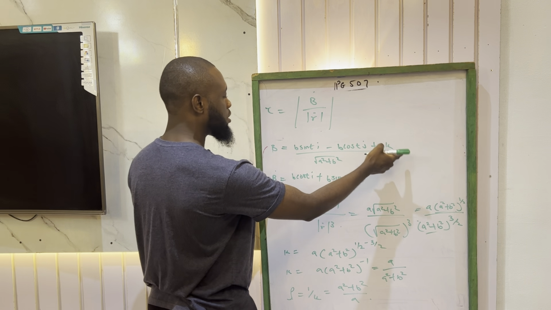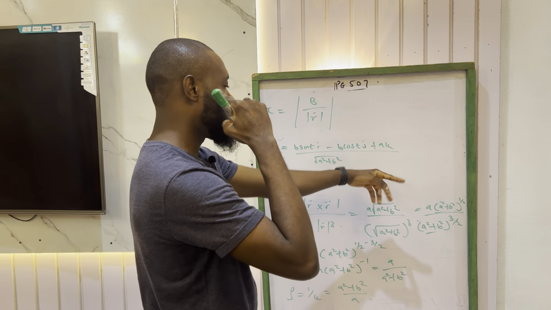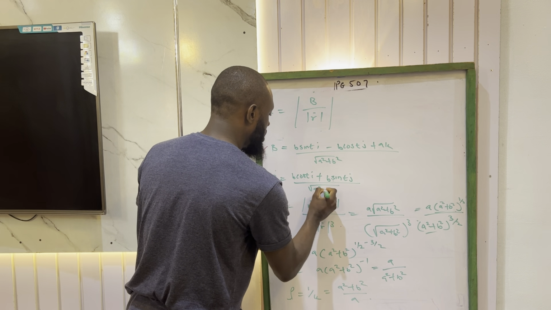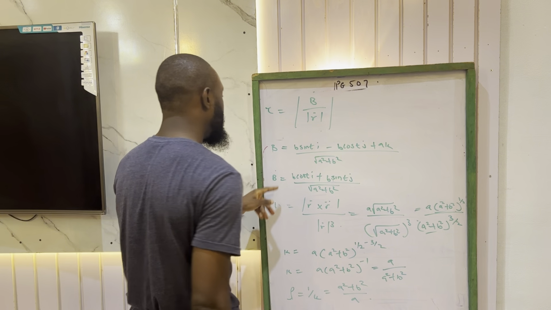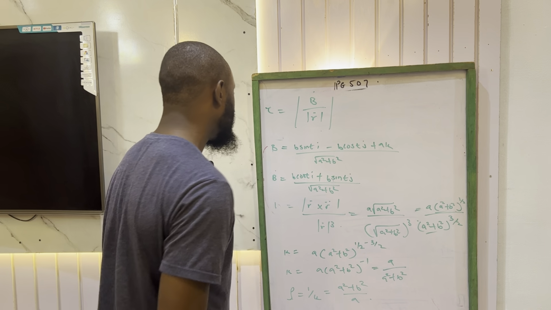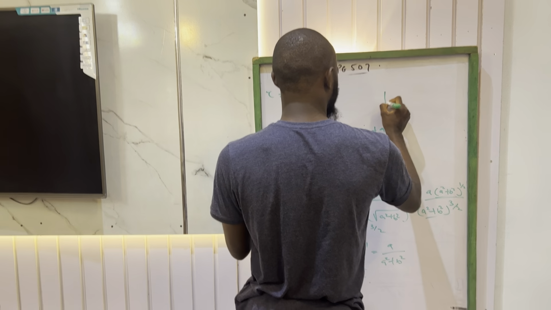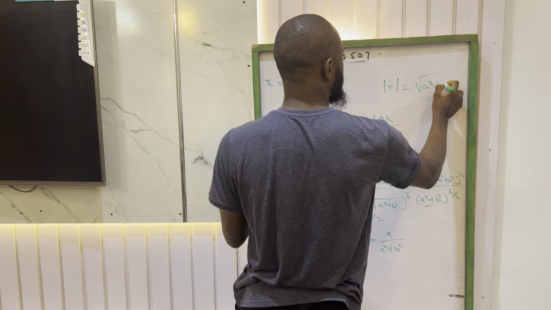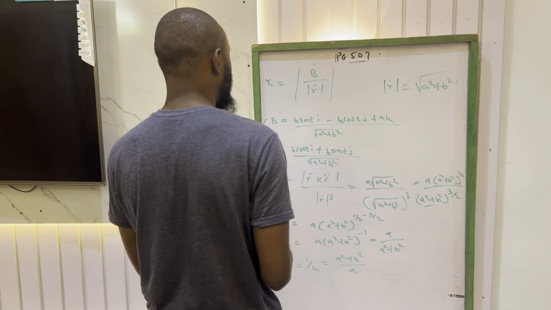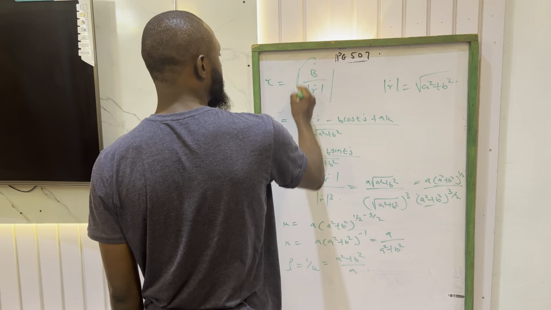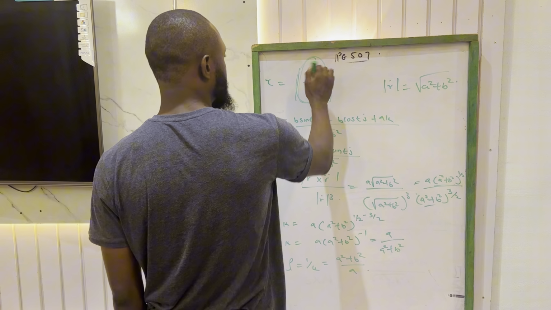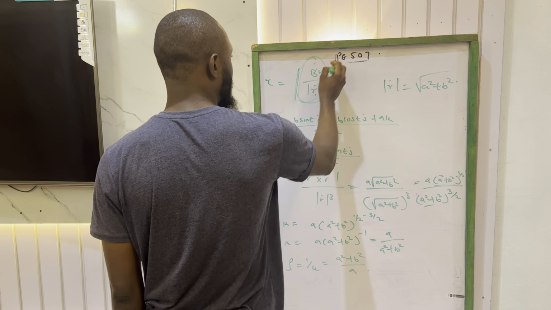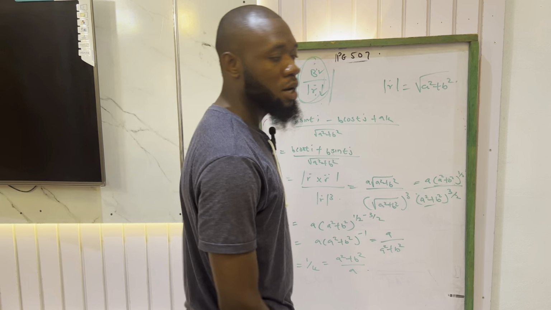Then this doesn't have any t term in it, so that's just it. Then all over square root of a squared plus b squared. So that's our b dot. Then the magnitude of our r dot should be the square root of a squared plus b squared. And recall that we are trying to evaluate this, what is inside. So we will evaluate this, then we now evaluate the entire magnitude.